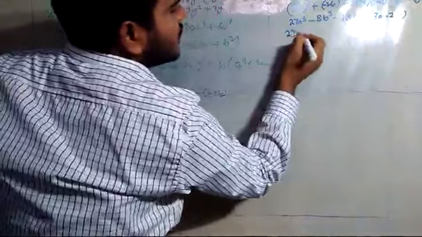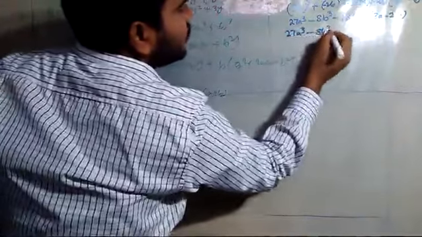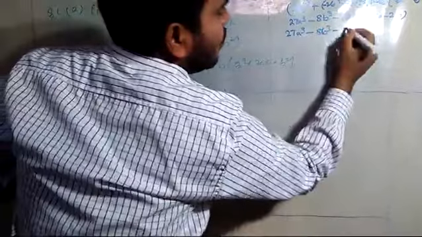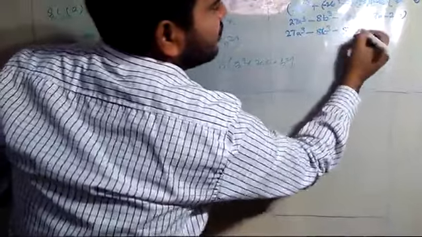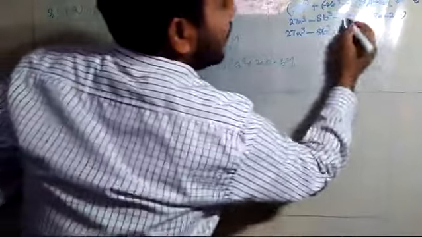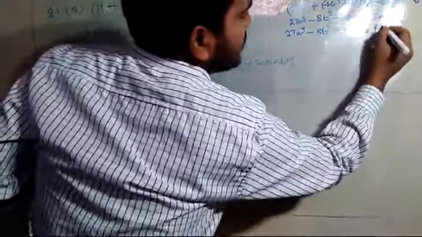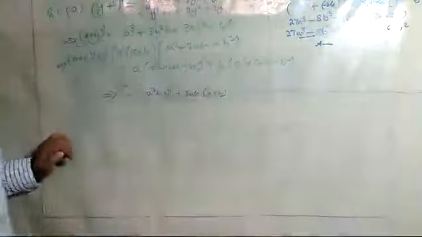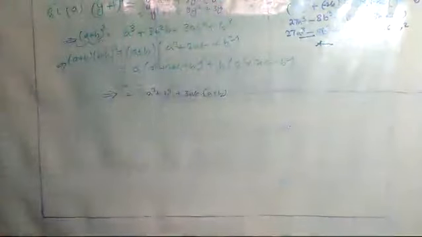Now you got 27a cube minus 8b cube minus of 18 into 3, that means 54. 18 3s are 54 a square b minus into minus plus 18 2s are 36 ab square. So this will be your answer. I hope all of you are clear from here. You will not be having any problem.